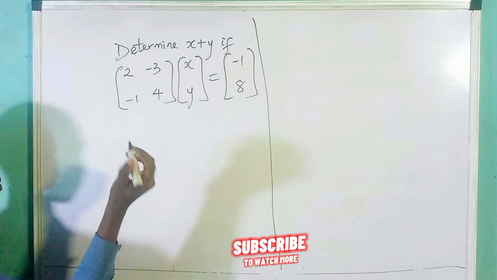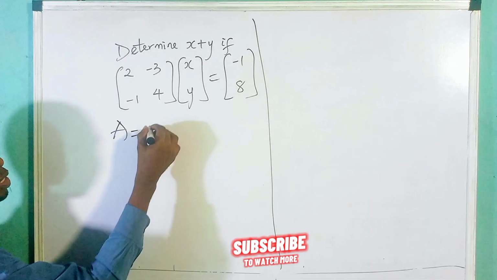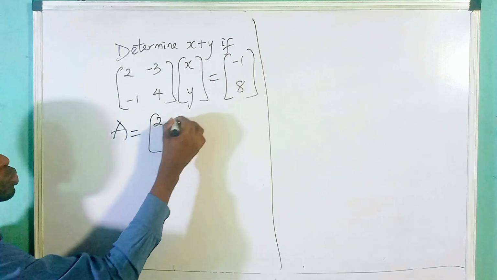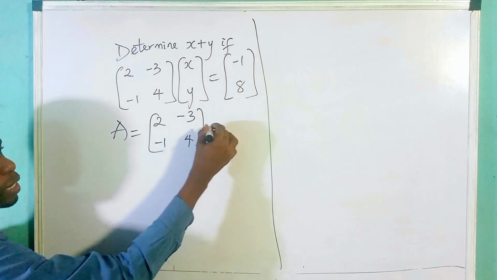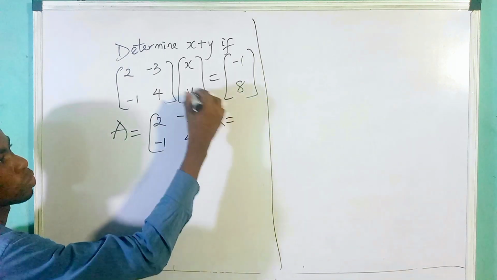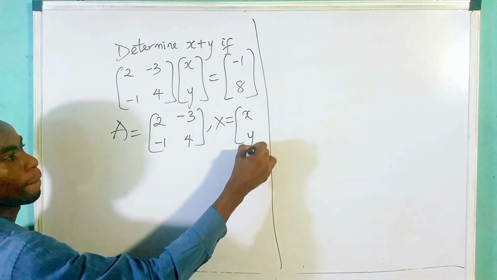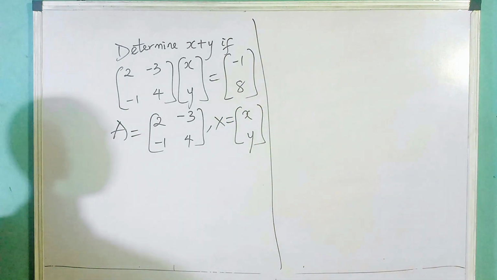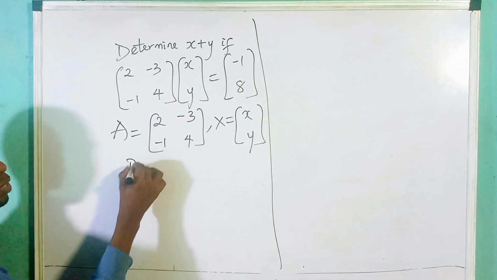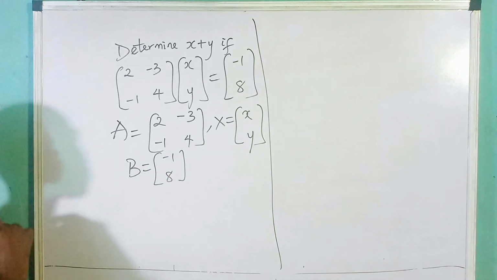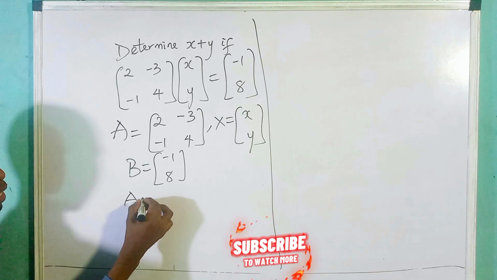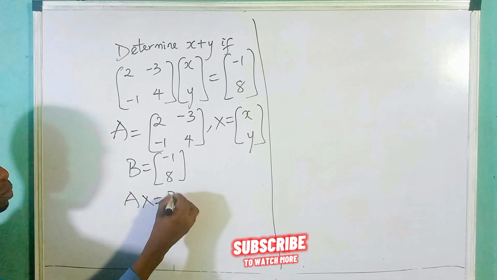Now let's say A is equal to this matrix 2 -3 -1 4. Okay, and let's say X is equal to x y, and let's also say that B is equal to -1 8. So what we have is the same thing as saying AX equals B, right?